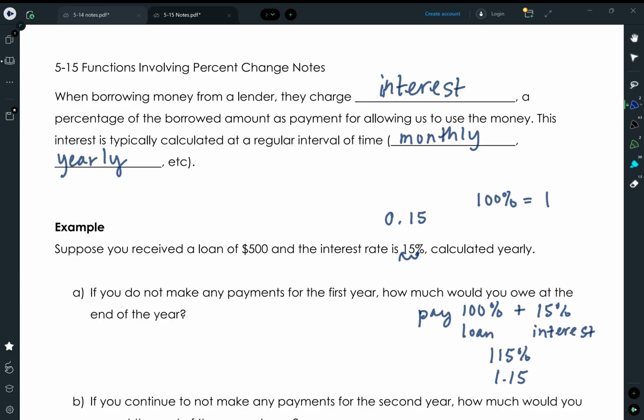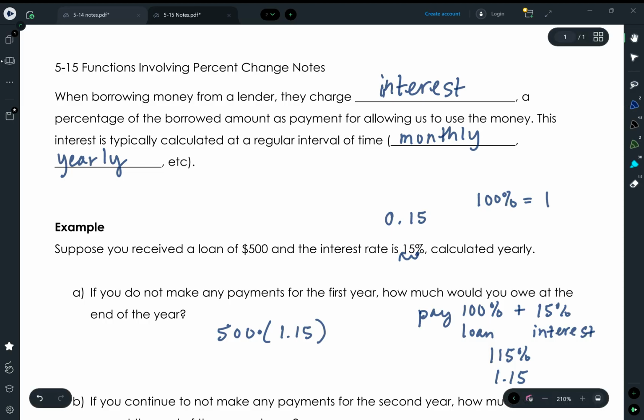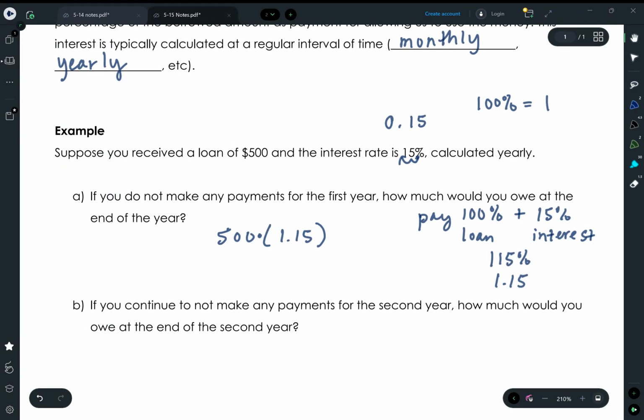To figure the amount of money that we'd have to pay, we'd have to take the 500 and multiply by the 1.15. So that's how we'd figure that out. And it doesn't say that we have to multiply that out, so I'm not going to worry about that. Right now we're just talking about how we could do these things.